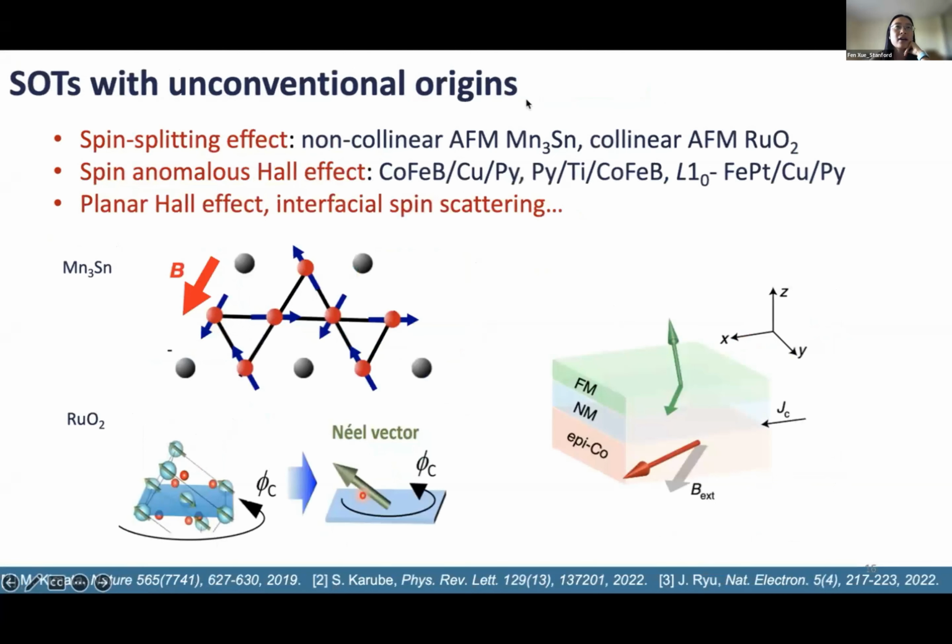And other unconventional arrangements such as the spin splitting effect, for example, the ruthenium oxide material, which was also discussed by Dr. Karoubi in the first invited talk in this conference, and also the spin-orbit Hall effect, planar Hall effect from the ferromagnetic material, and also interfacial spin scattering. So there are a lot of emerging materials that support unconventional spin generation.